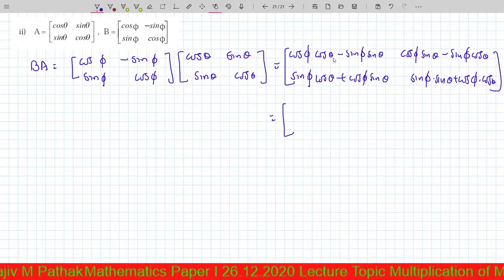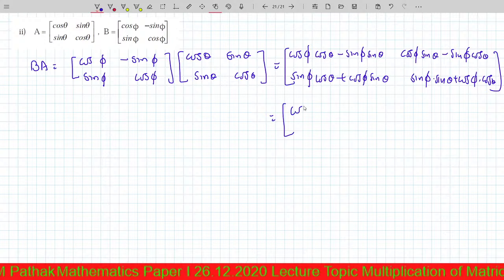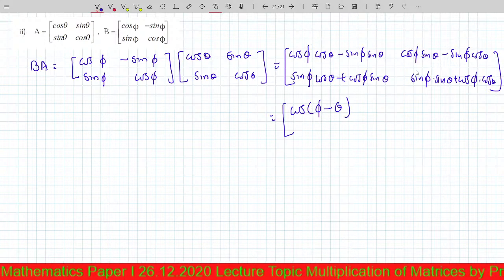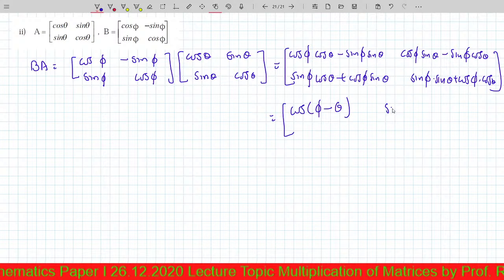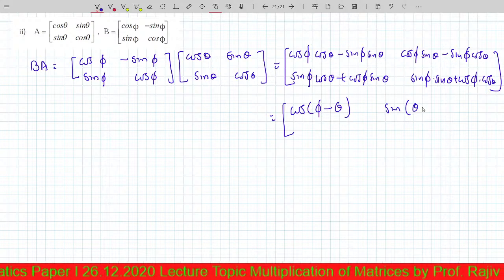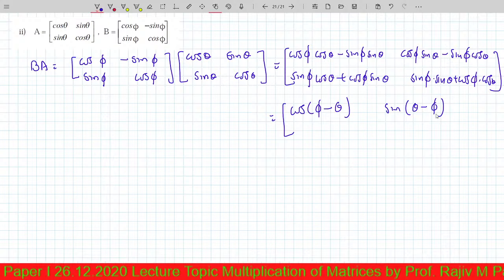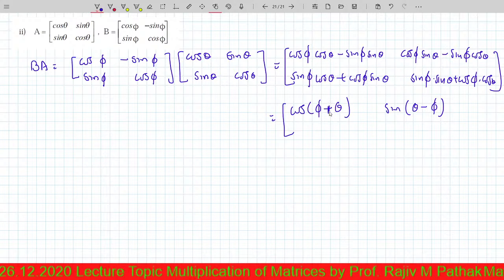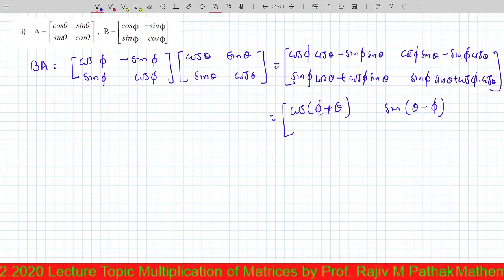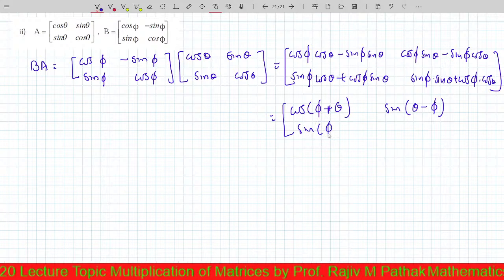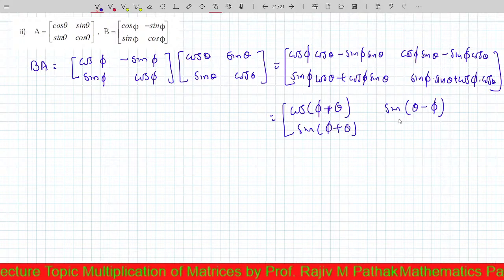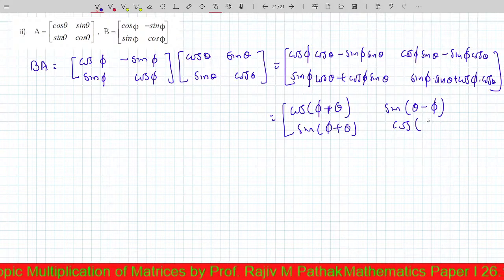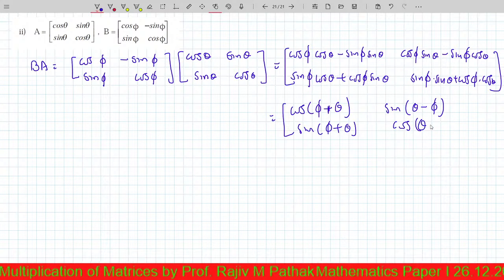Now cos A cos B minus sin A sin B is cos of A minus B. So cos of phi minus theta. Here it is sin of theta minus phi. Here, sorry, it is plus. Here it will be plus sin of phi plus theta. Here it is cos of phi minus theta. Yes, theta minus phi you can say.